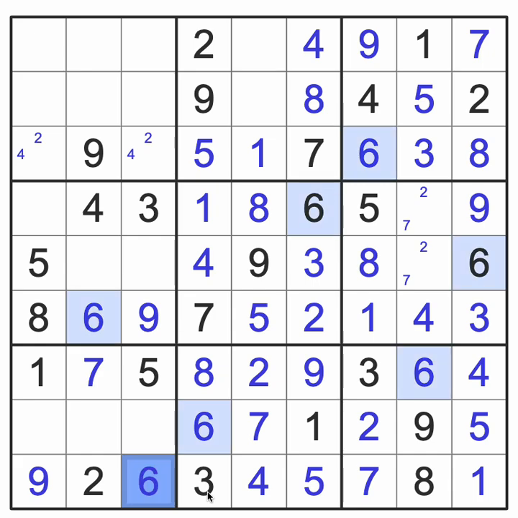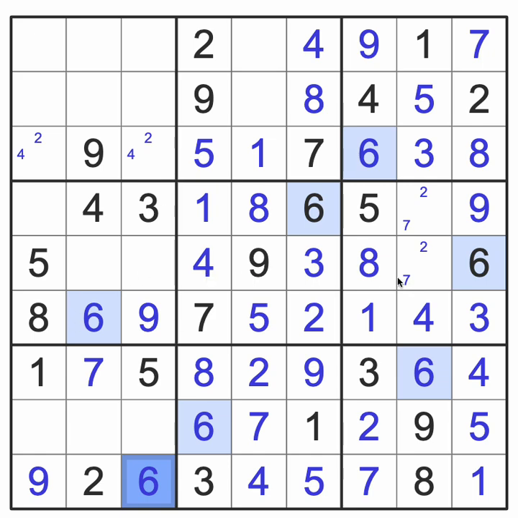That leaves only 6 for this cell. 6, 6, 6. Oh, 2, 7, 3, 4, 8. 1, 3, 5, 8. 1, 2, 4.